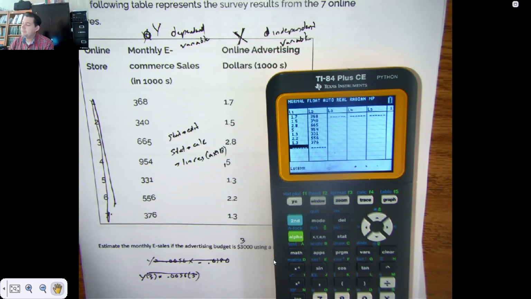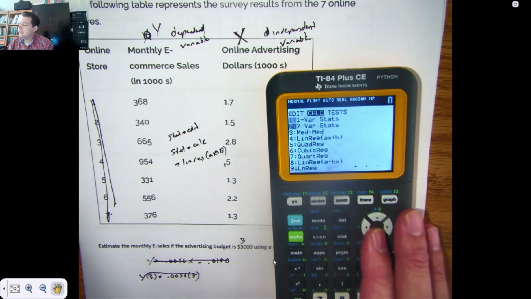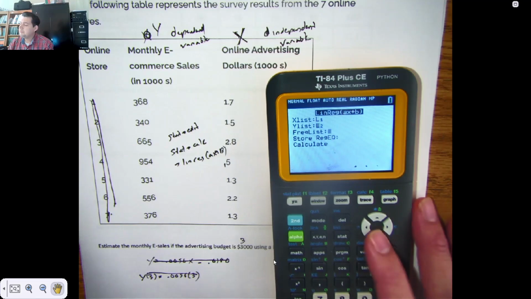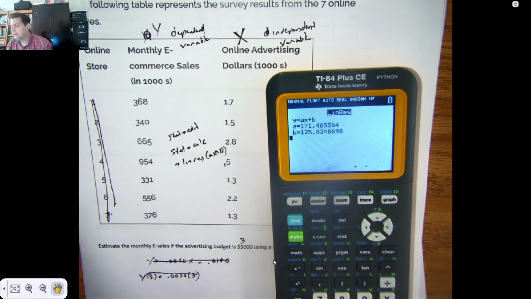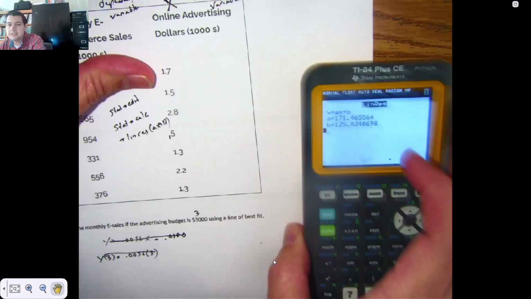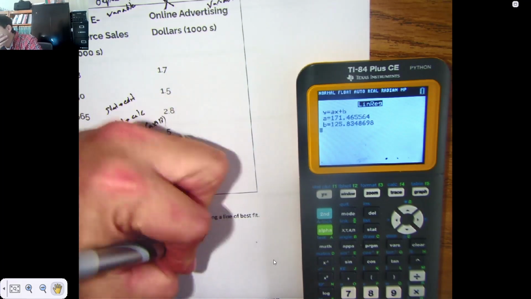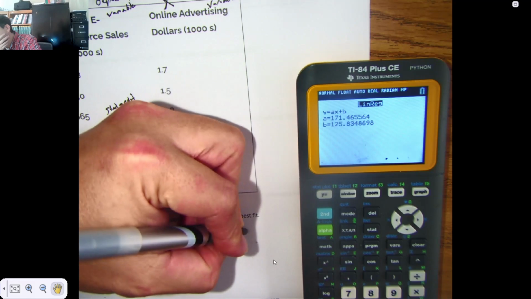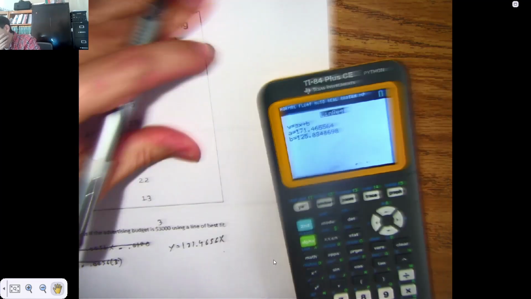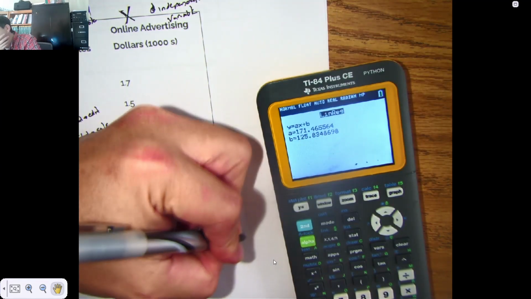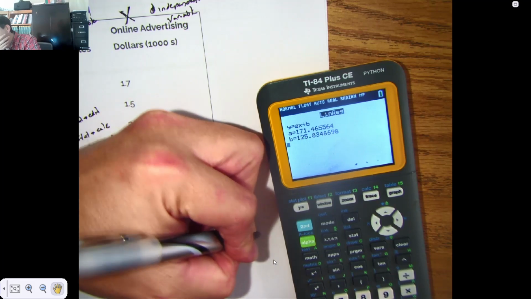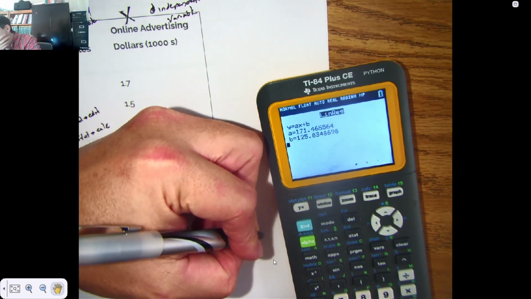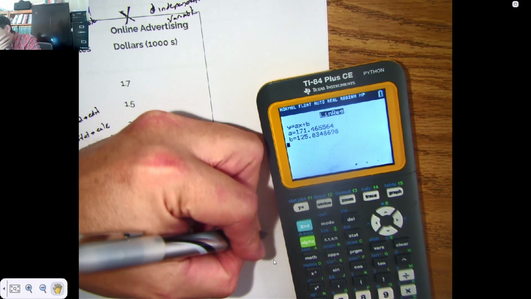That looks pretty good. Anyways, back to stat, calc, linear regression. There we go. That equation makes a lot more sense. So y is 171.4656x plus 125.8349.